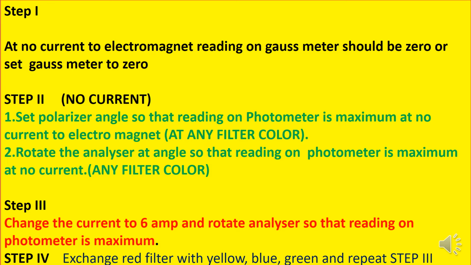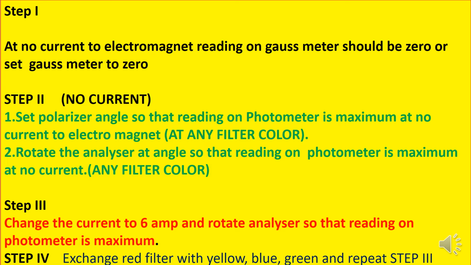From that reading we can check at what angle on the analyzer the maximum reading is there. Reading on the photometer is not used, but the angle on the analyzer can be used to find the rotation.